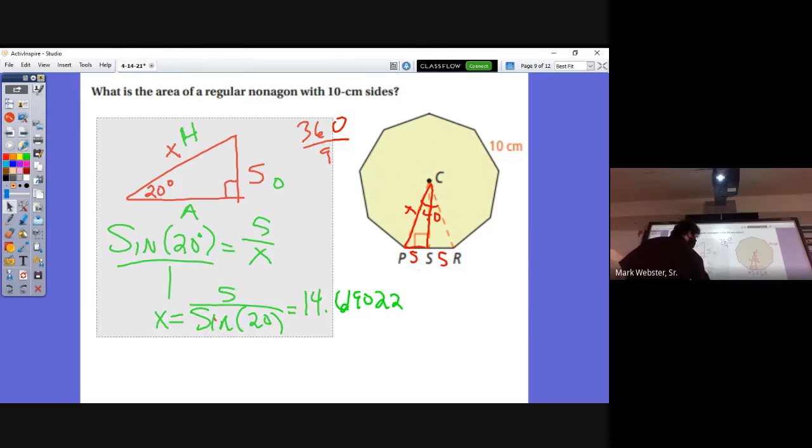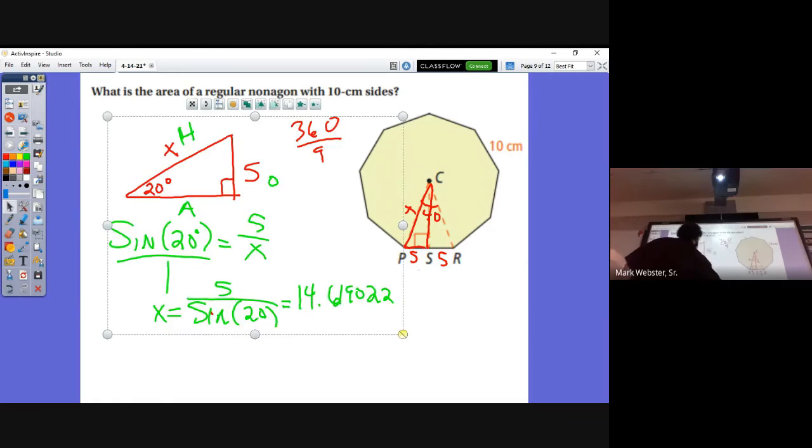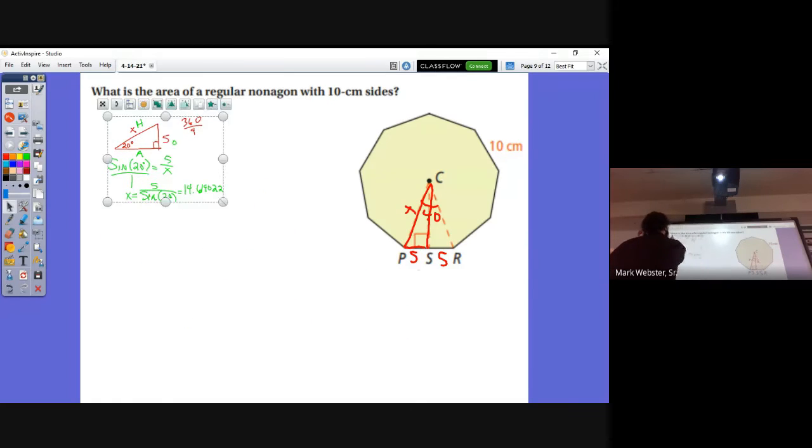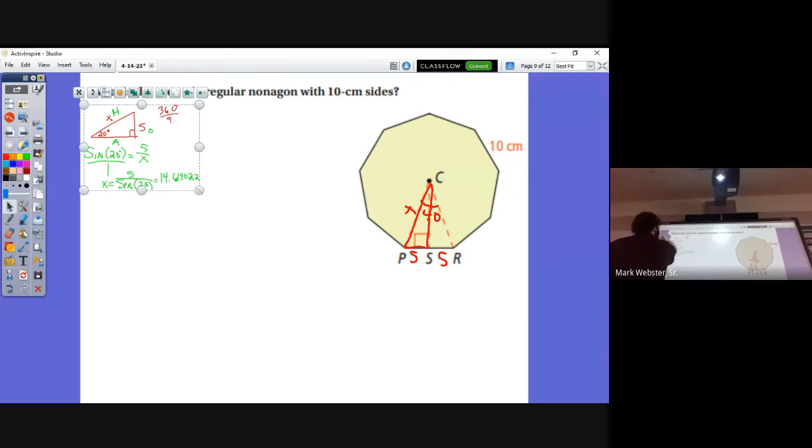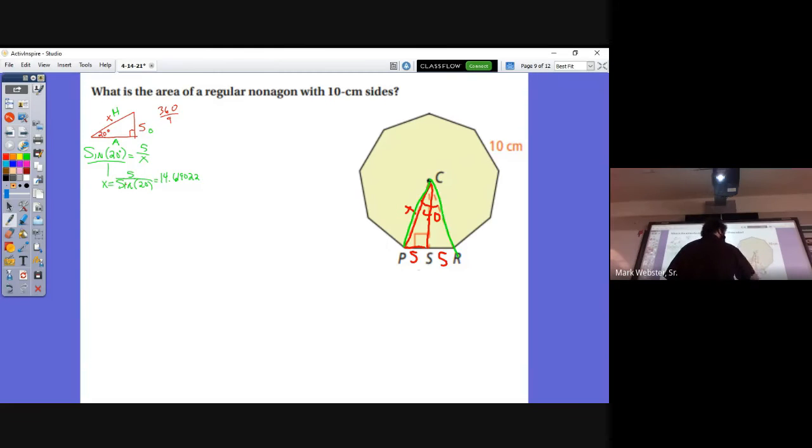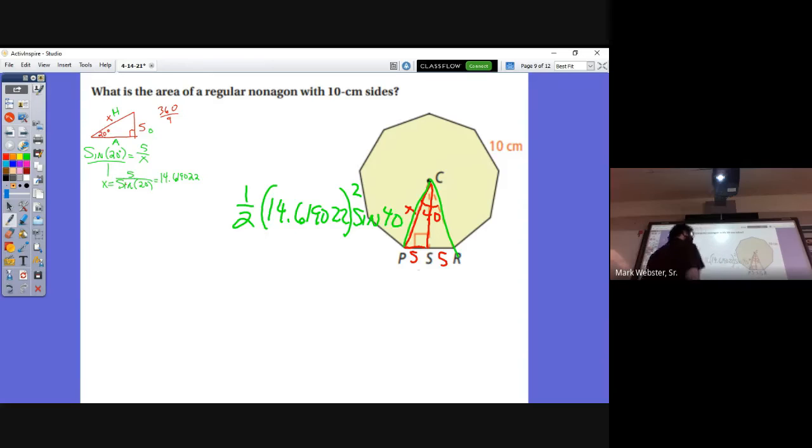We can now take this part, scooch it up down here, and do our problem. So we know our angle is 40, the big angle, right? That's 40. We know our radius now is this 14 point something. Still the same problem.